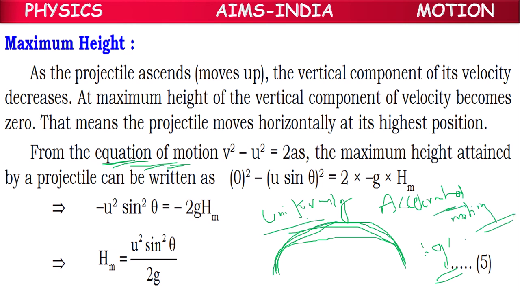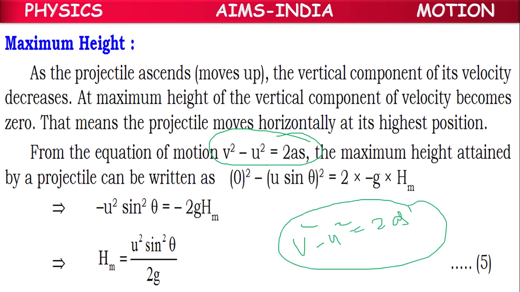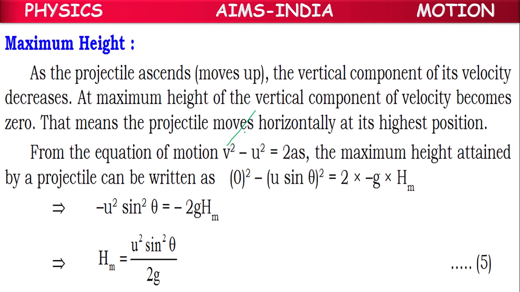For uniformly accelerated bodies, we can apply equations of motion. So we have v square minus u square equals 2as. With the help of this, in the place of v square we can keep 0, because at maximum height the v value is 0. In the place of u, we can take u sin theta, the vertical component of initial velocity.